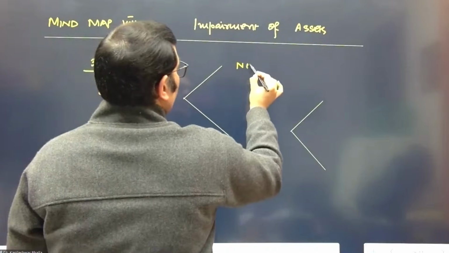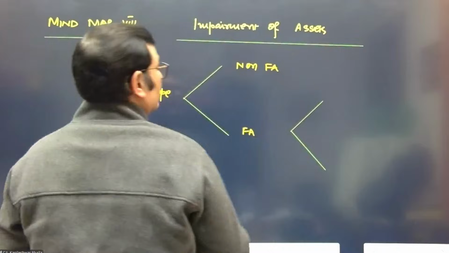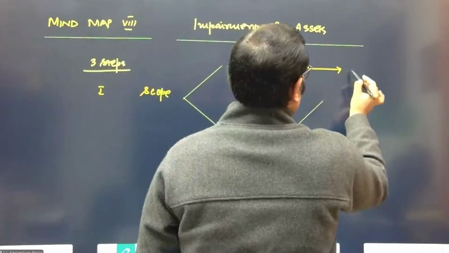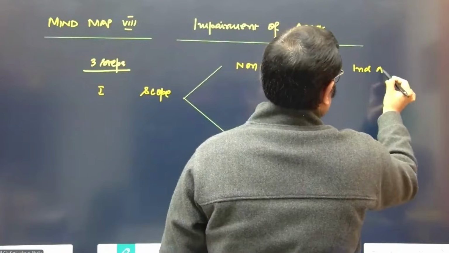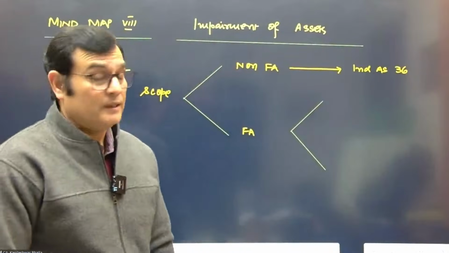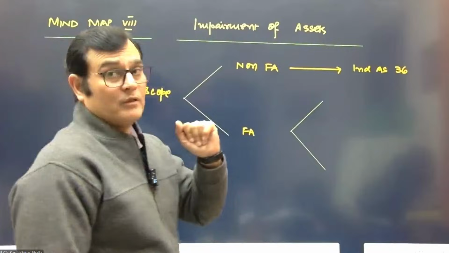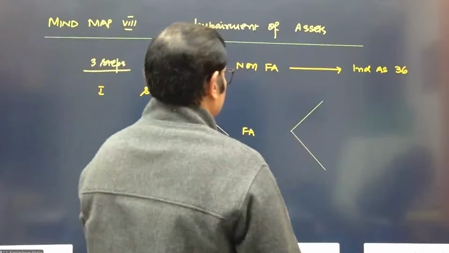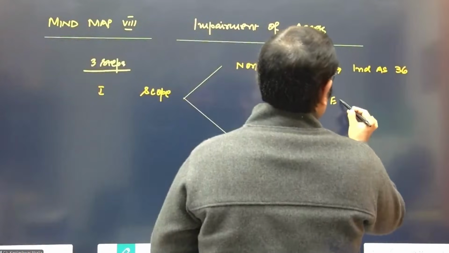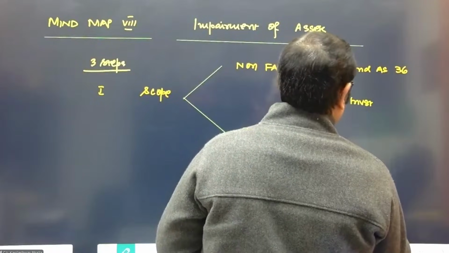One is non-financial assets and one is financial assets. The non-financial assets will be typically covered under Ind AS 36. I said typically covered because there are exceptions where even non-financial assets can be covered under the purview of 109. The financial assets, we can say, would be either equity investments or debt investments.